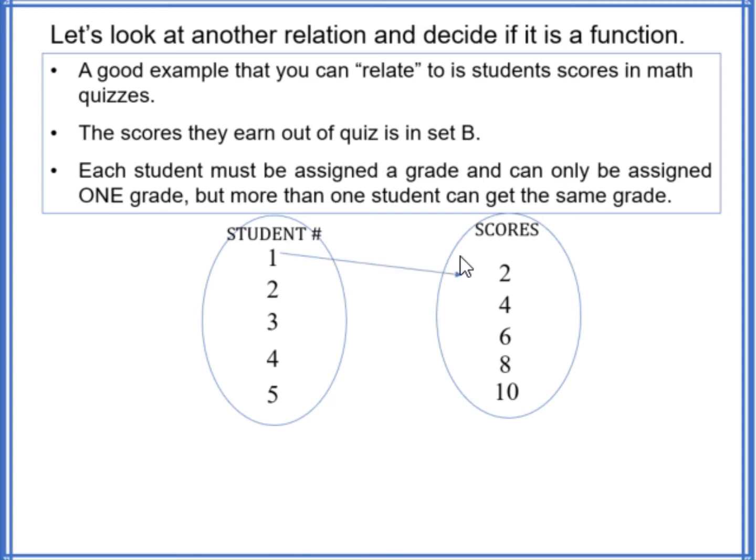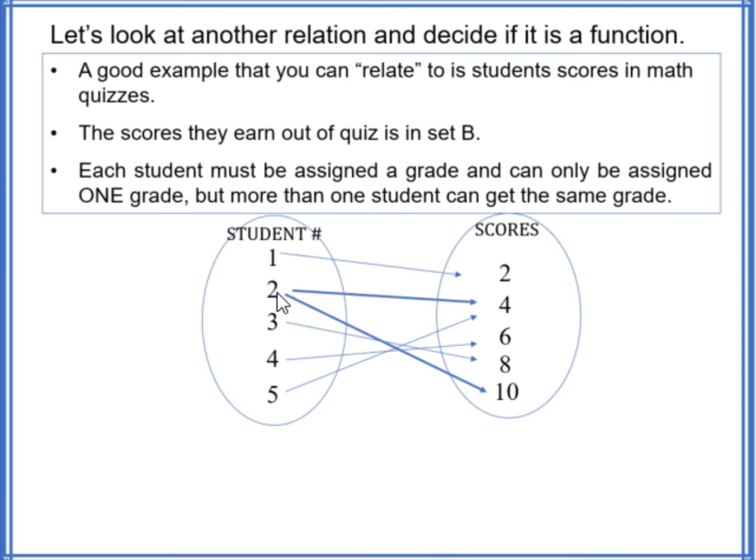So, si student 1 ang nakuha niyang score ay 2. Si student 2 ay 10. Student 3 ay 8, 4 ay 6, at si student 5 ay nakakuha ng 4.